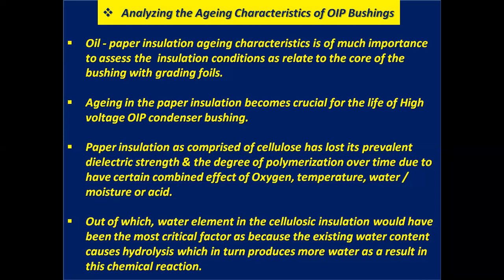Paper insulation, comprised of cellulose, loses its prevalent dielectric strength and degree of polymerization over time due to the combined effect of oxygen, temperature, water or moisture, or acid, out of which the water element in the cellulosic insulation is the most critical factor, because the existing water content causes hydrolysis, which in turn produces more water as a result of this chemical reaction.